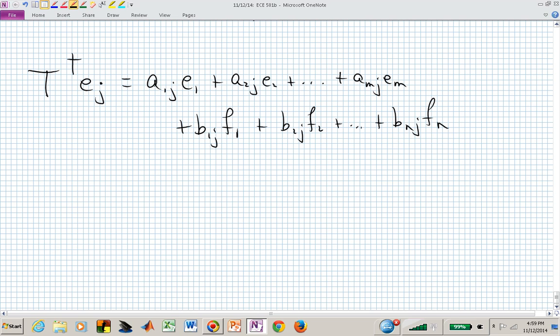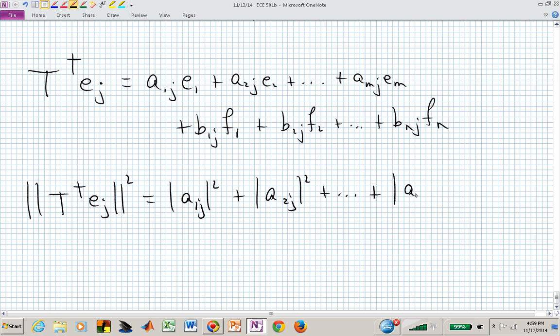Now what happens when we take ‖T dagger e sub j‖ squared? We get the same sum of all of these coefficients absolute valued squared, but now we have more coefficients. We now have absolute value of a 1j squared, absolute value of a 2j squared, etc., plus all of the b's.